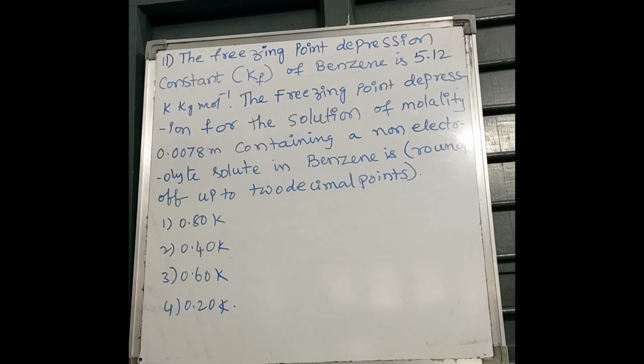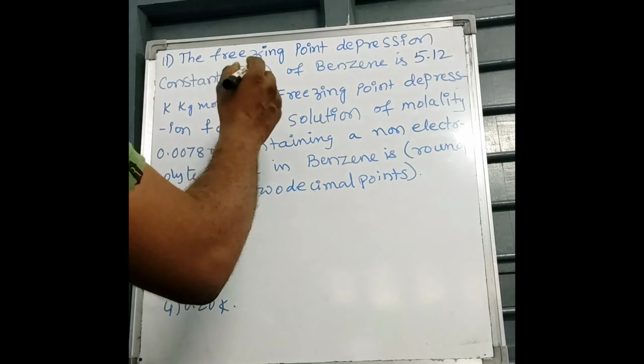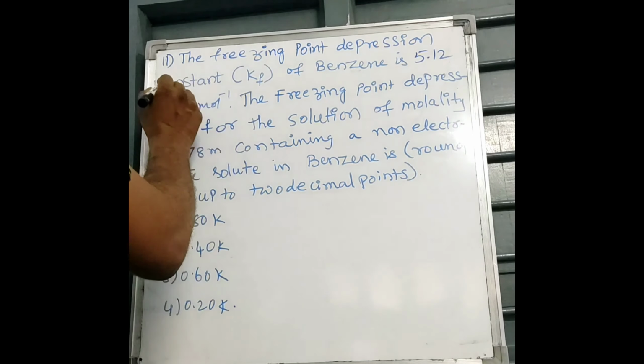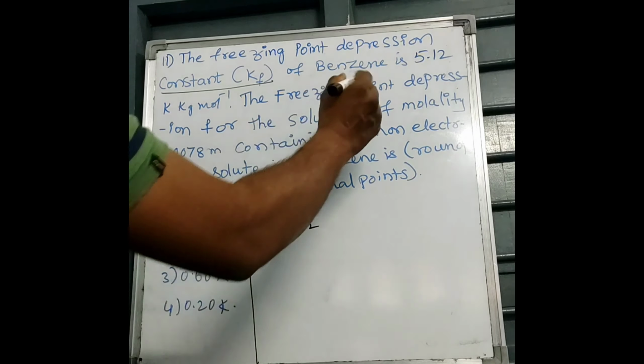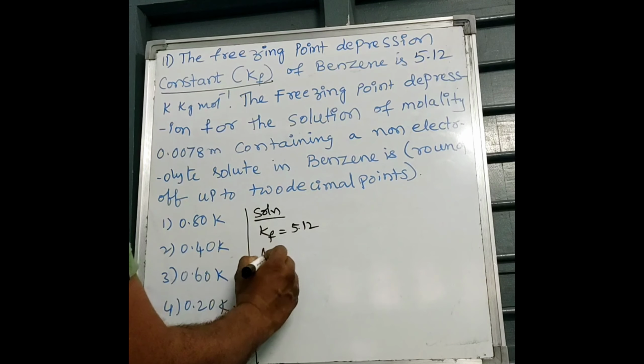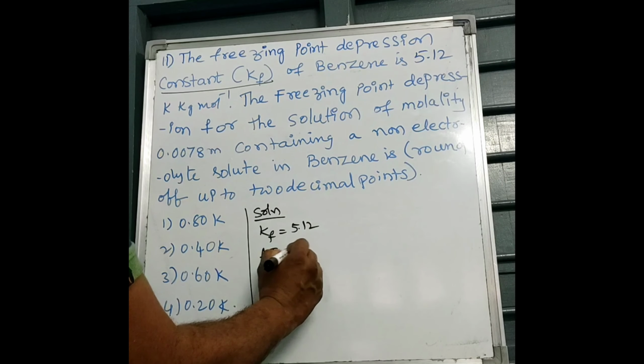Okay, the next question is from dilute solutions, colligative properties. The freezing point depression constant Kf is 5.12 for benzene.